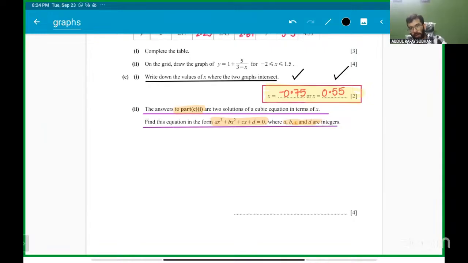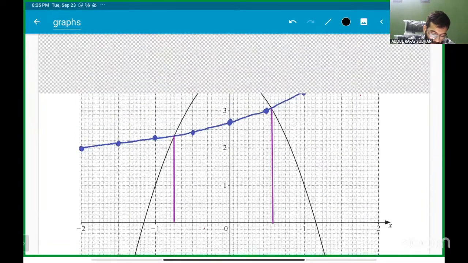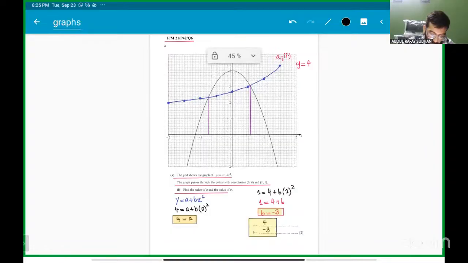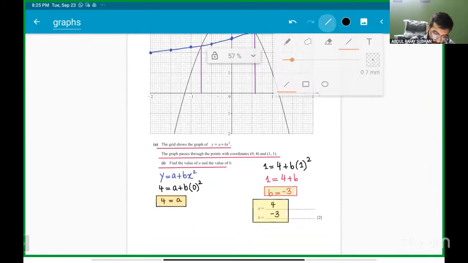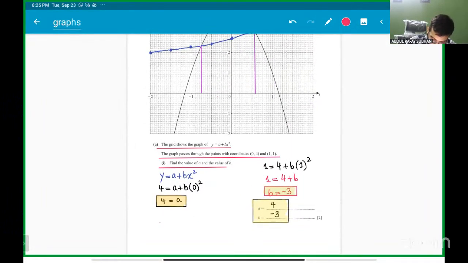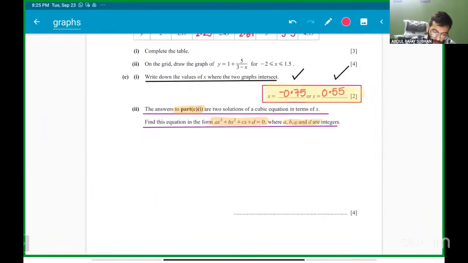These are the two solutions that we have got, sir. The two solutions that we have got are part of the cubic equation. So how do you get that cubic equation? It's very simple. What was the original equation? Sir, the original equation was the quadratic graph, y = 4 - 3x².